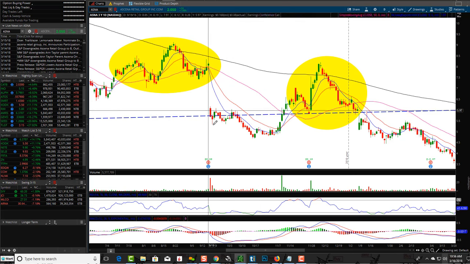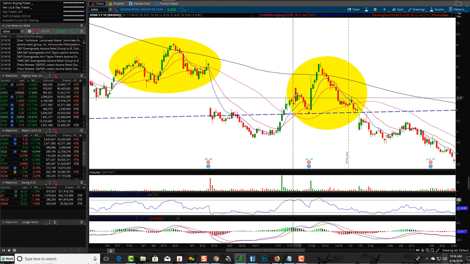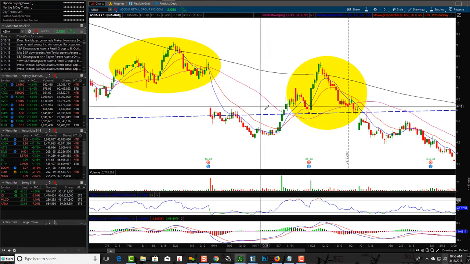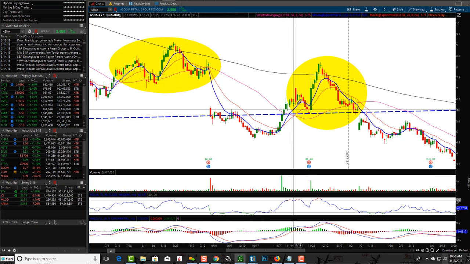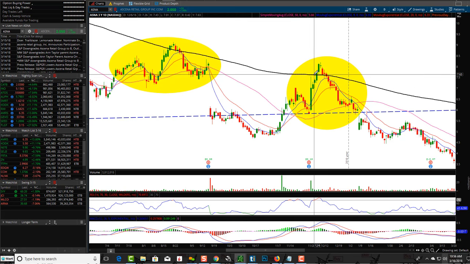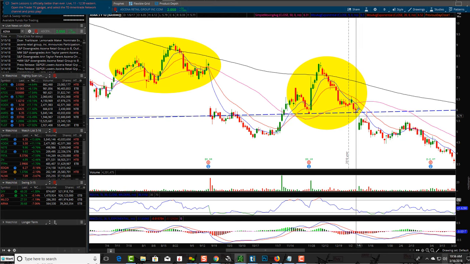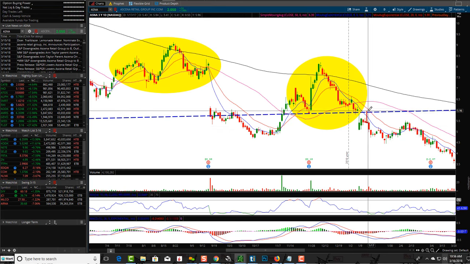And then as you can see, when the neckline breaks, price will eventually go back up to retest it. Now, this is a really crazy volatile looking stock over here. This one didn't go back to retest it until way over here, right? But you can see over here, once the neckline broke, price attempted to break above it again.